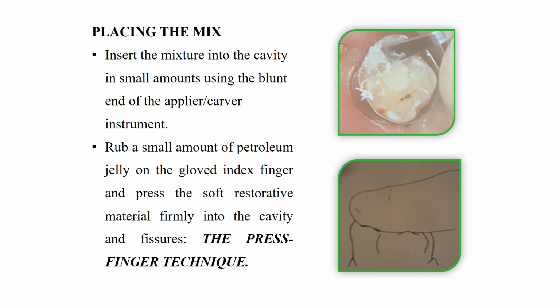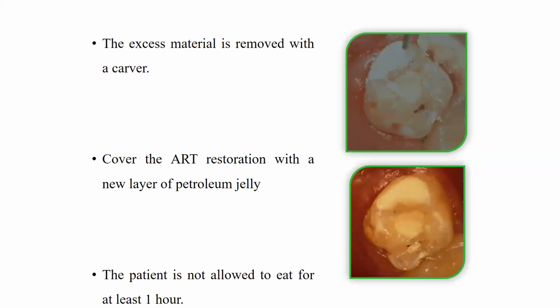Rub a small amount of petroleum jelly on the gloved index finger and press the soft restorative material firmly on the cavity and fissures. This is the press finger technique. The excess material is removed with a carver. We cover the ART restoration with a new layer of petroleum jelly, and the patient is not allowed to eat for at least 1 hour.